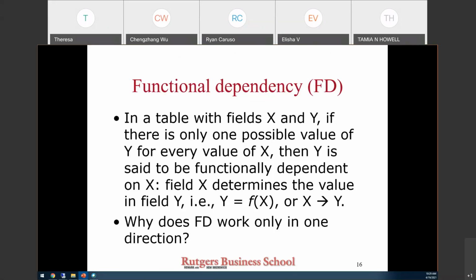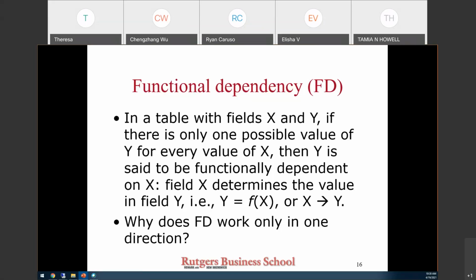But it is possible that two or more students could have the same name. The name field doesn't uniquely determine the student ID field. So, although name is functionally dependent on student ID number field, the reverse is not true.